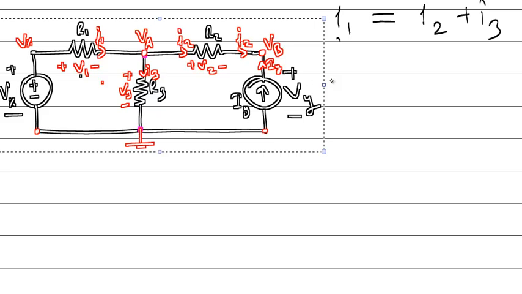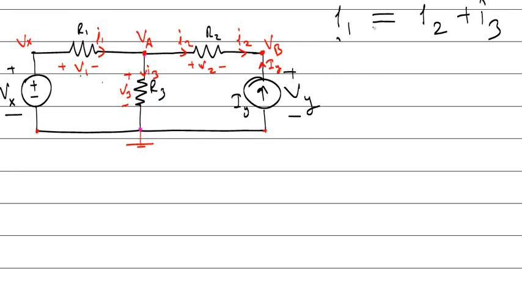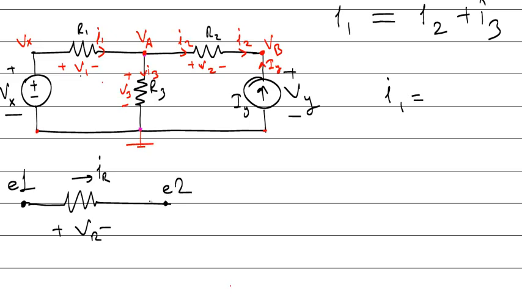Okay, I will rewrite this equation. I1. Can you say what I1 is in terms of node voltages? What I mean is this. Look, if you have a resistor, it has a voltage and it has a current, VR and IR. Node voltages are something like E1, E2.